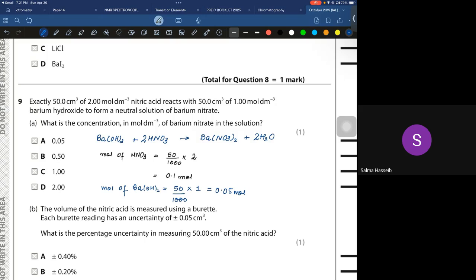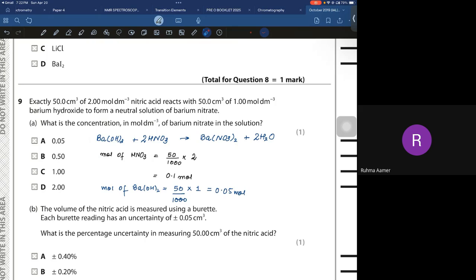But with whom am I supposed to take the mole ratio, between this and this or between this and this? This question is related to the limiting reactant. So first of all, you have to find out which one is the limiting reactant.